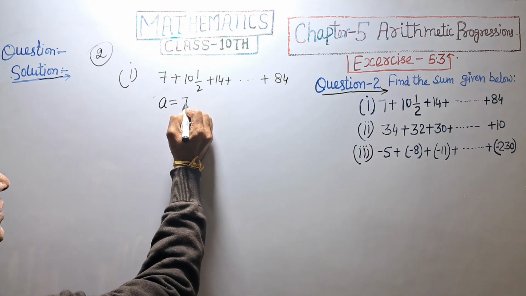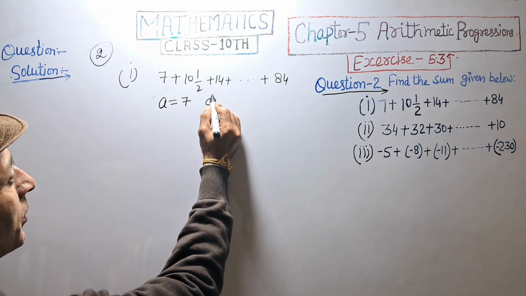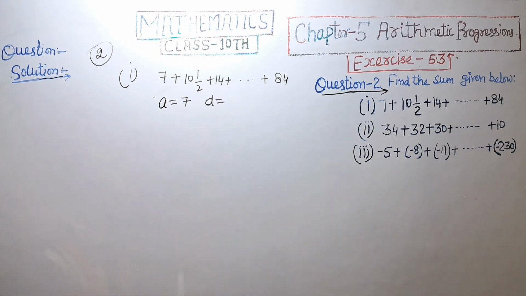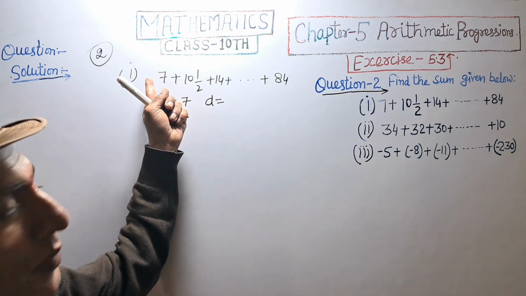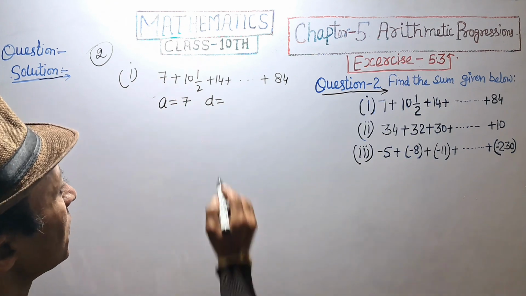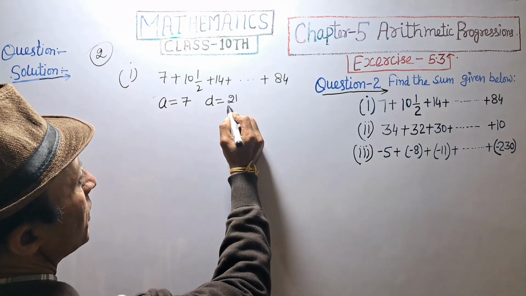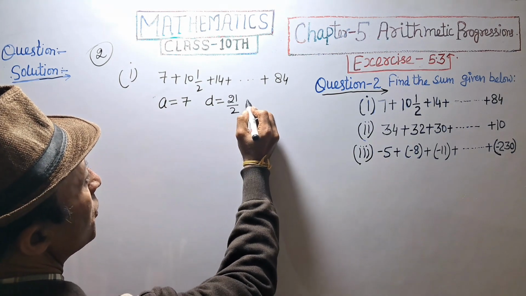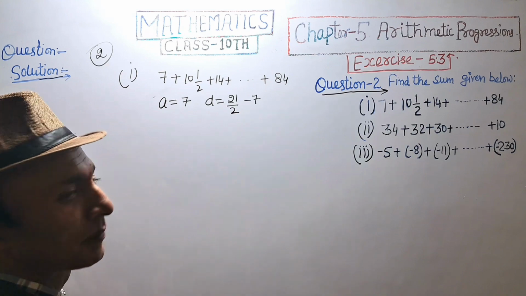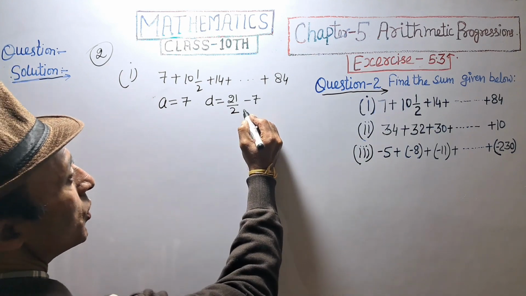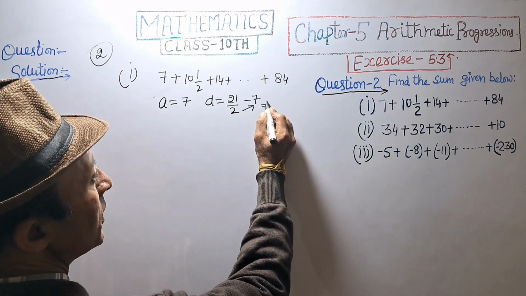A is equal to 7, and the common difference is equal to the second term minus the first term. The second term is 10 2s are 20, 21 upon 2, minus 7.